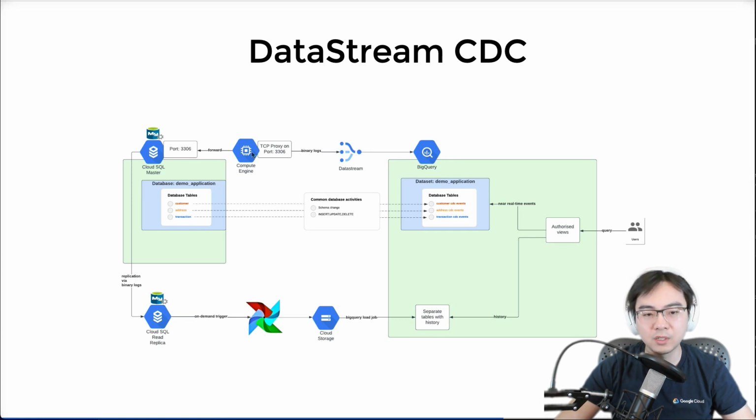So Datastream can now see the Compute Engine IP range, and because Compute Engine runs the TCP proxy to forward port 3306 to the original Cloud SQL service to access the binary log, this whole thing connects, right? So it's quite complex, but the source code is actually working and does exactly this. It's all automated, so you can try this out yourself. It shouldn't have any problems.